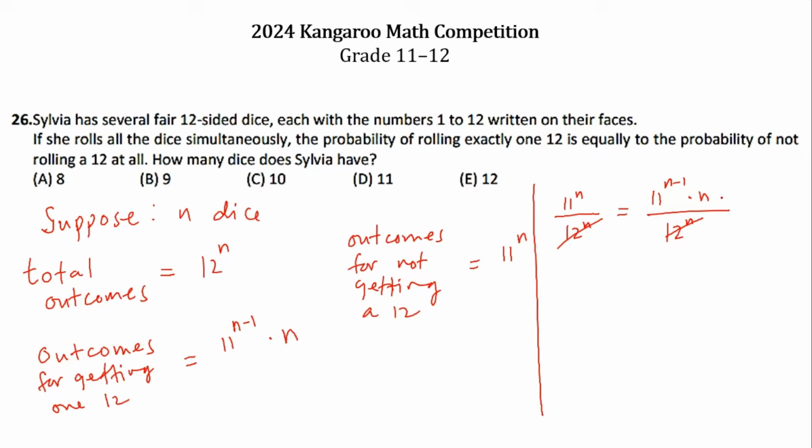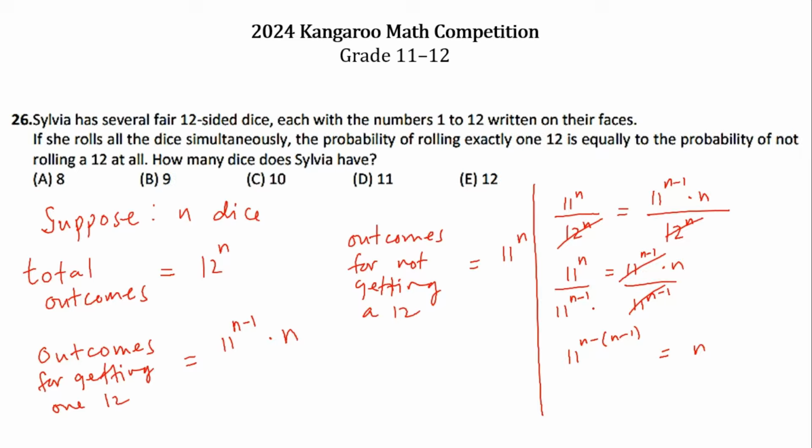And then we are left with 11 raised to n equals 11 raised to n minus 1 times n. Now let's divide both sides by 11 raised to n minus 1. We can cancel this, and so we have in the left side 11 raised to n minus 1 equals n.